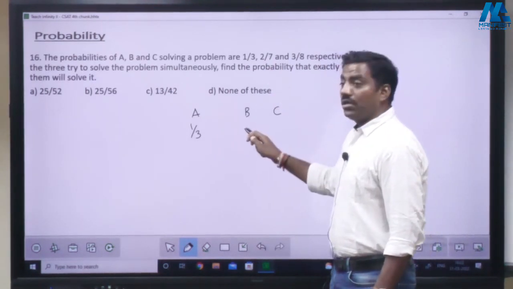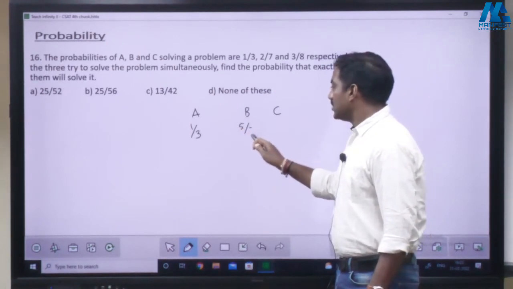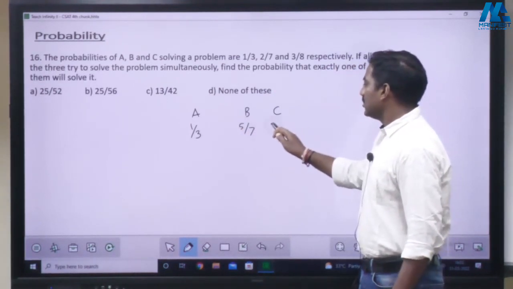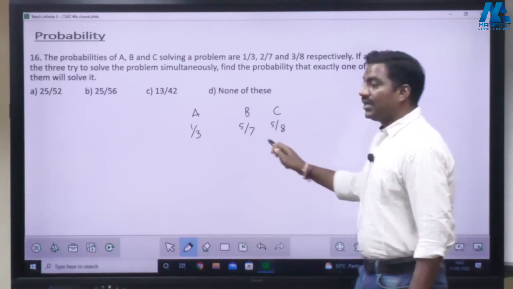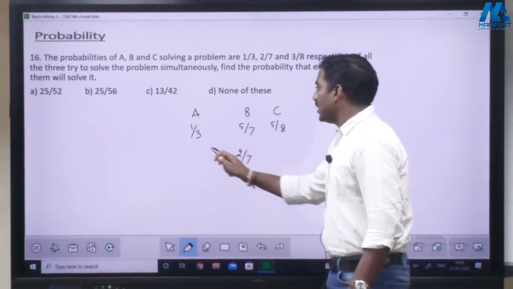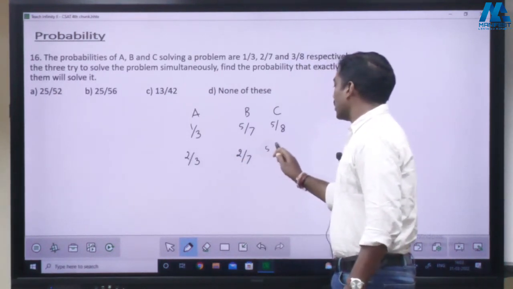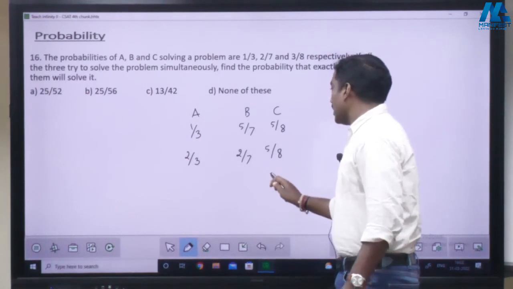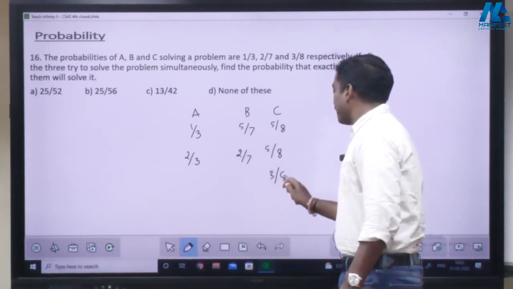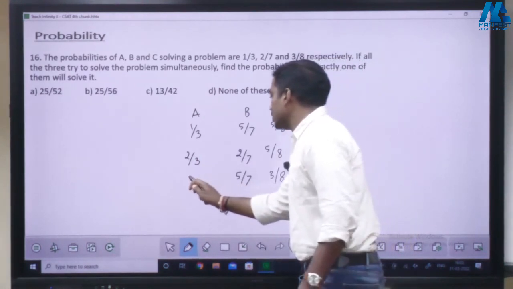B not solving, chances of not solving. C, chances of not solving. Similarly, next attempt, B has to win. A and C have to lose. Last, C has to win. And B and A have to lose.